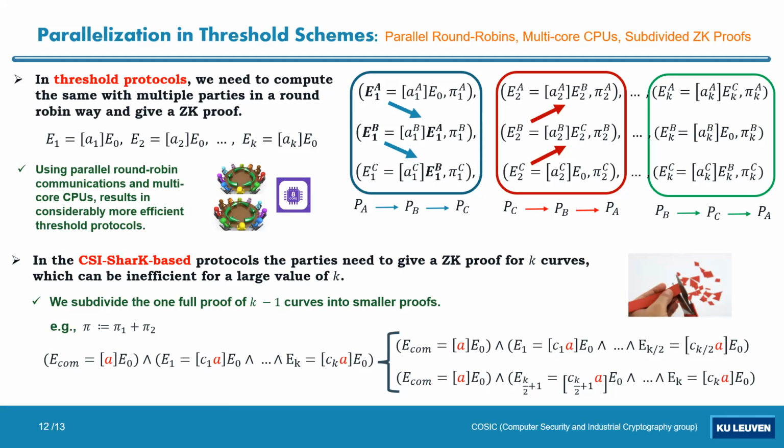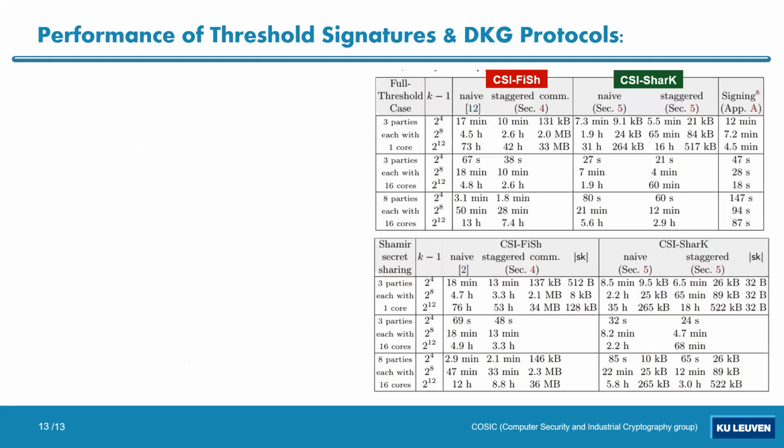Of course, I can divide it into two proofs: that I used the same commitment for the first half, and also the same commitment for the second half. So you can divide, and we show that for some special values, this is optimal in a particular setting. But this is just for CSI-SharK-based protocols, I mean structured public key based.